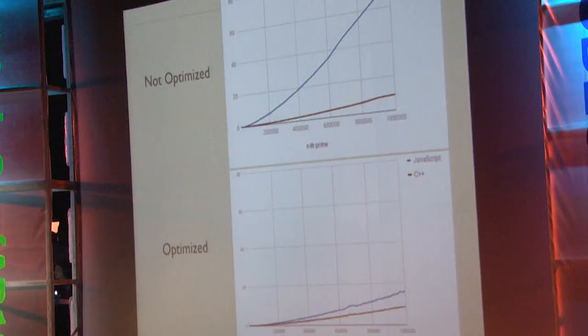So when you run JavaScript, when you run Node, you always get the picture at the bottom. That's the same one I showed you earlier, where JavaScript is almost as fast as C++, less than a factor 2 slower. If you deliberately turn off the optimizing compiler with --no-opt, then you get this picture at the top where it takes 80 seconds in JavaScript, but only 10 in C++.